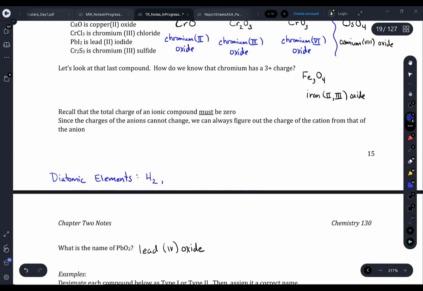And then nitrogen. After nitrogen is oxygen. And then the rest are all, what do they all have in common? Group 7A. They're all halogens, right? So F2, Cl2, Br2, I2.